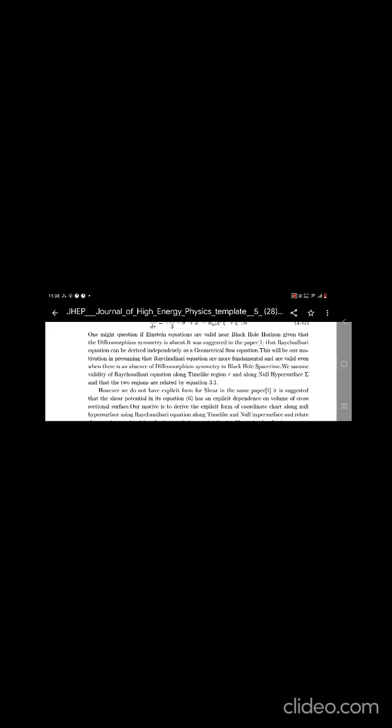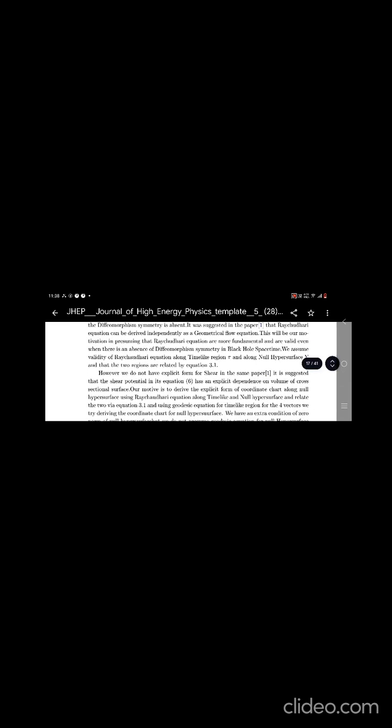It is suggested that the shear potential in its equation 6 has an explicit dependence on the volume of the cross-sectional surface. Our motive is to derive the explicit form of the coordinate chart along the null hypersurface using the Raychaudhuri equation along the time-like and null regions.